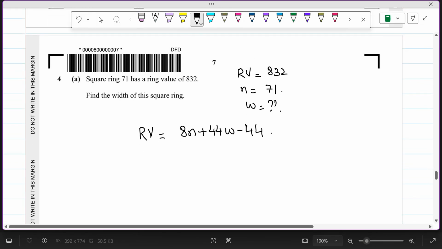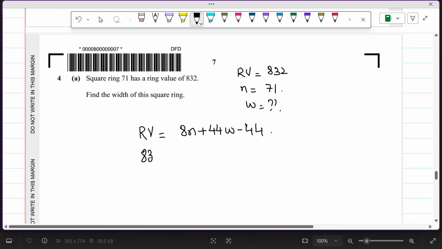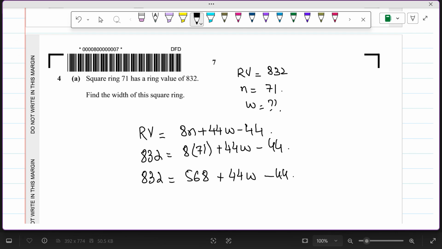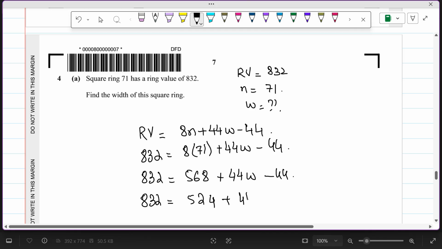Now plugging in these values, we have 832 is equal to 8 times n, which is 8 times 71, plus 44w minus 44. So 832 is equal to 568 plus 44w minus 44. So 832 is equal to 568 minus 44, which is 524, plus 44w.